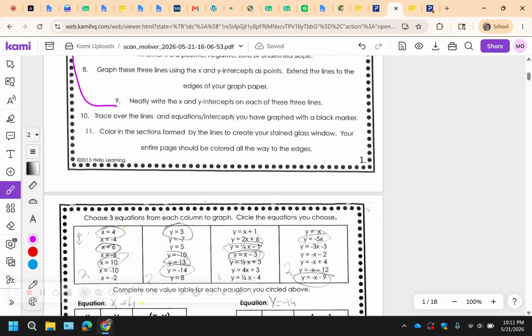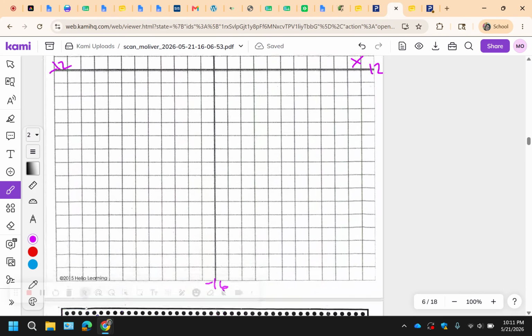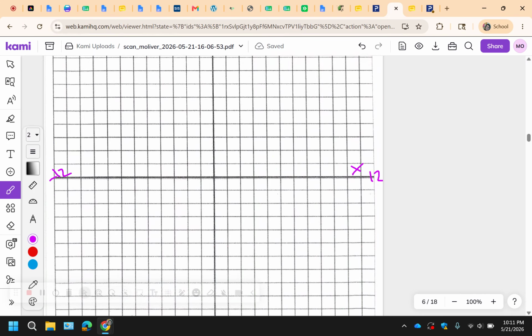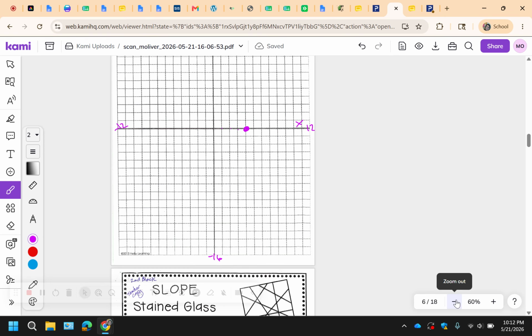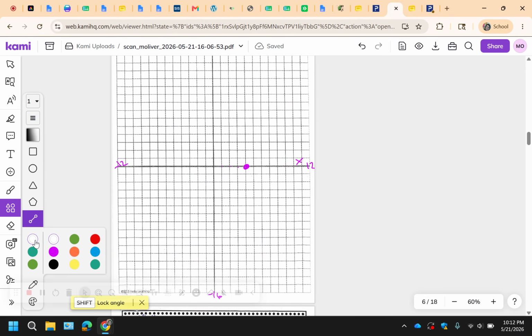Okay, so if I graph x equals 4. X equals 4 is a vertical, so I found my 4. 1, 2, 3. Here is where x equals 4. Okay, then I find another ordered pair that's on there. I can tell you because it's undefined, we can just make a straight vertical line.